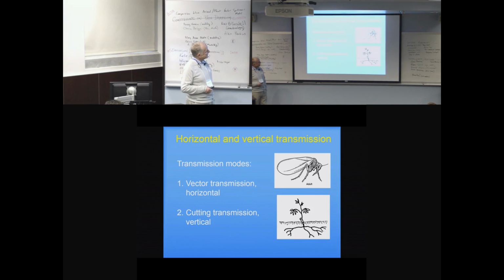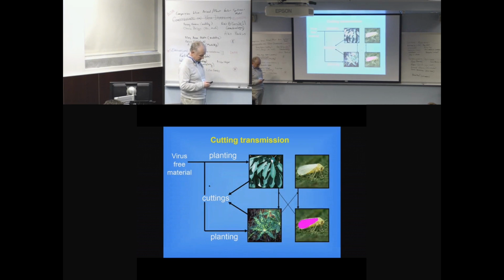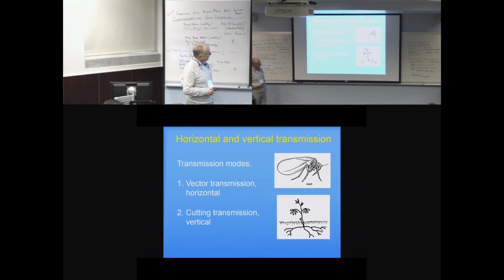Then we looked at, again, these horizontal and vertical transmission routes. So here we have the typical vector transmission, but here also we have the possibility that this is a cassava plant. So the cassava plant gets infected, it's harvested, the canes are cut into sections, and you use those to propagate the material.